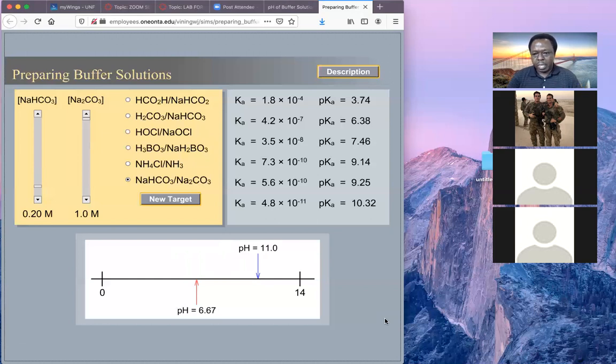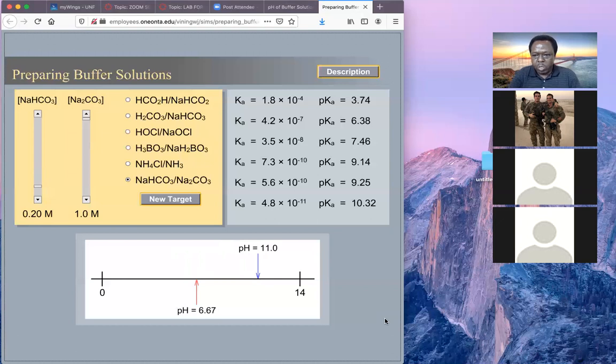If I say, I want you to prepare a powder solution whose pH is 10.57, all right, 10.57. We are looking for 10.57. Again, I say 10.57, Cynthia.